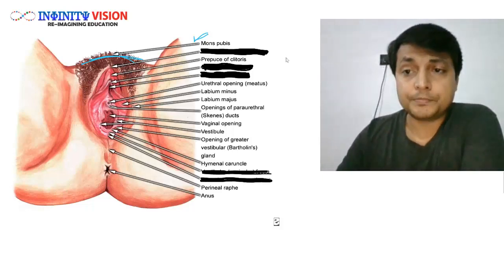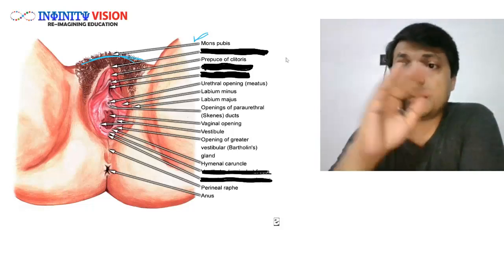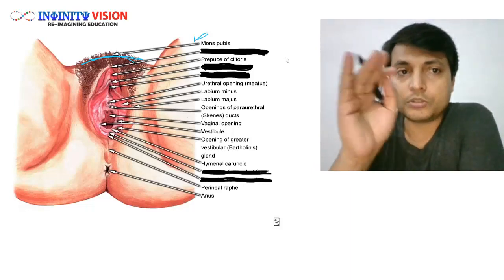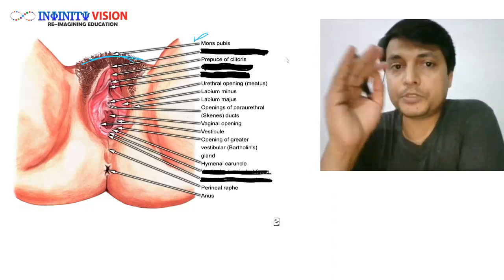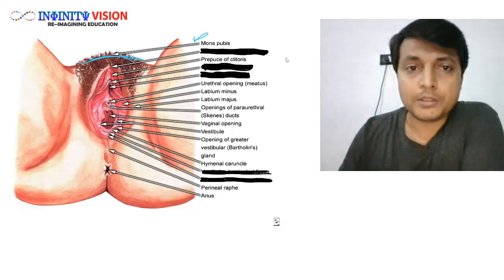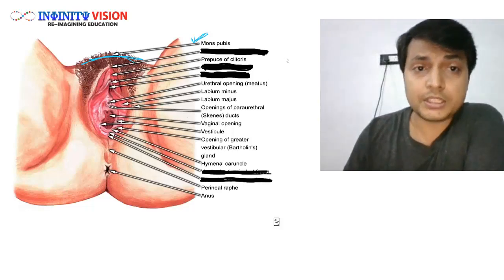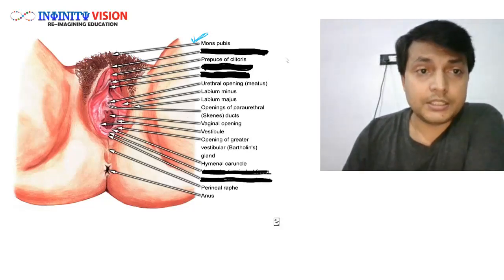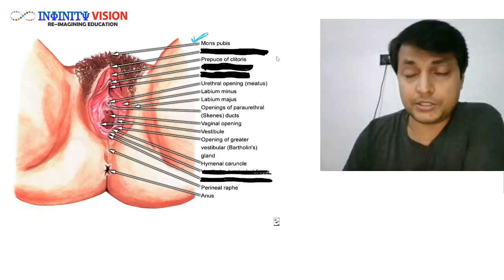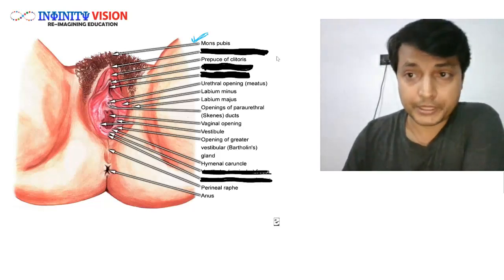As a result, this is slightly raised and dome shaped. This slightly raised dome shaped area is called mons pubis, and obviously, as you can see here, this area has pubic hairs.